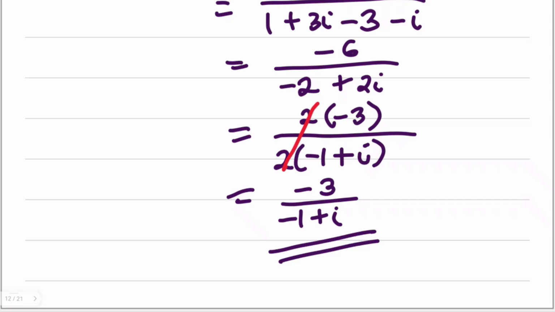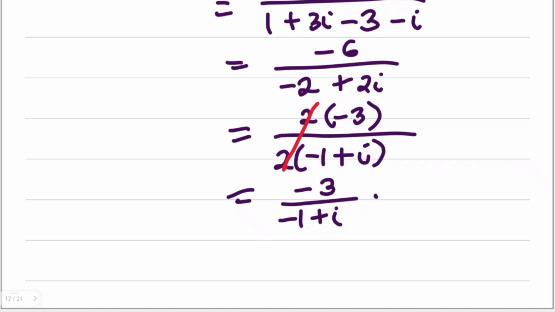Now, other references would like an answer where the denominator no longer contains the imaginary unit i. What we can do is continue this process and multiply by the conjugate, so that we can simplify the denominator. Another term for that with radical expressions is rationalizing.